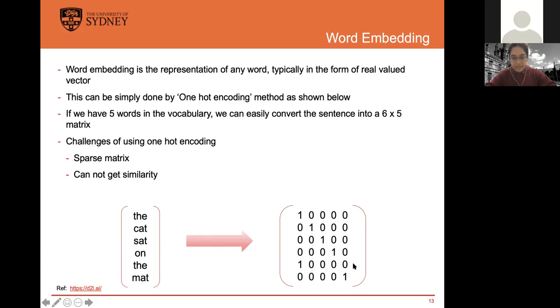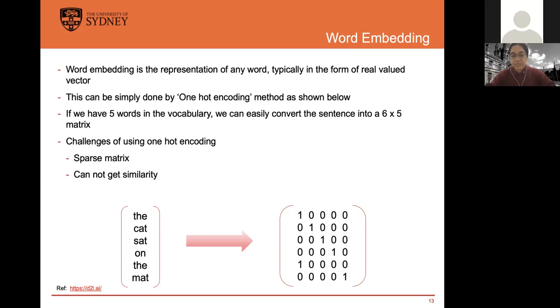This could be done, but there are some challenges with this technique, right? This is a very small sequence, but the vocabulary that we will be using for training is huge, like 50,000 words or millions of words.